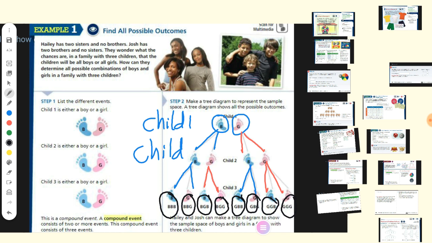How many results do I have here? 1, 2, 3, 4, 5, 6, 7, 8. So the number of the sample space is 8. The chance of getting all children boys is 1 over 8. Also the same for all girls, 1 over 8. But if you want 2 boys or 2 girls, it will be a bigger chance, okay? This is how to write all the outcomes of compound events.